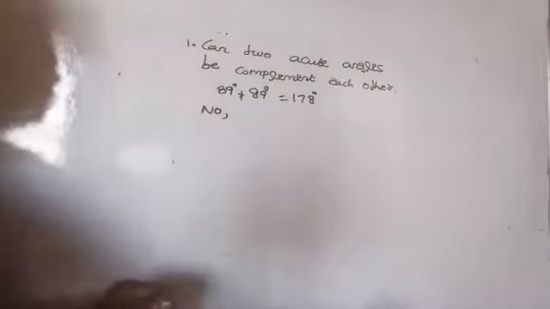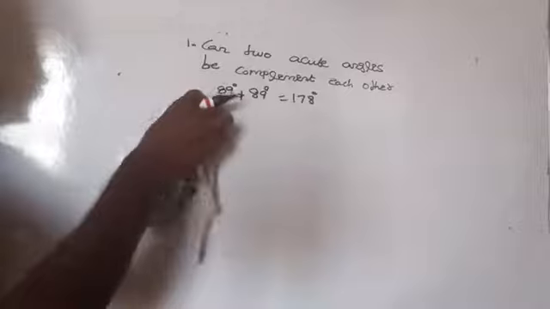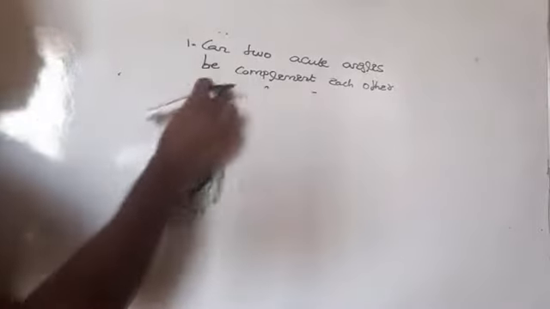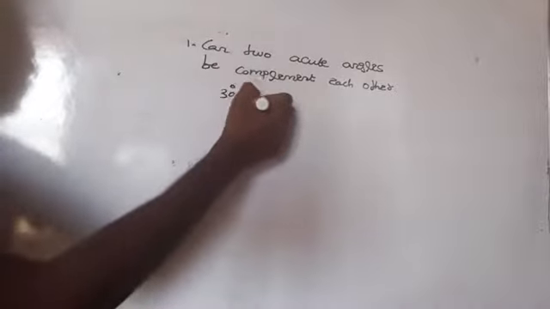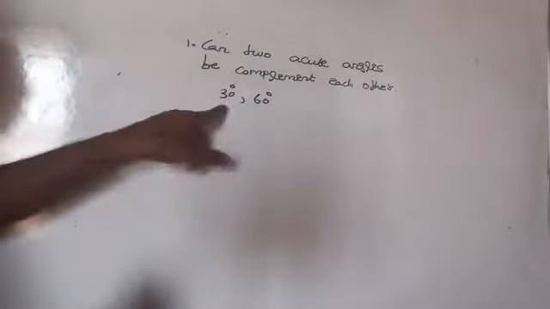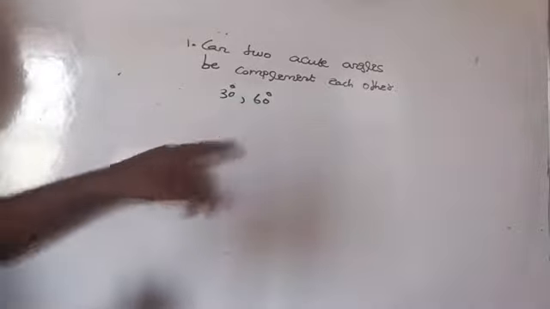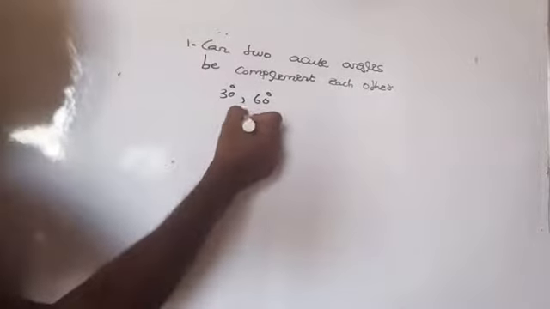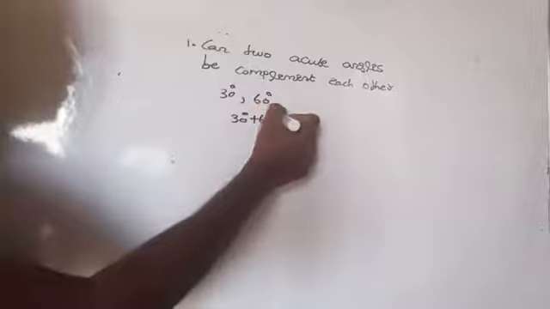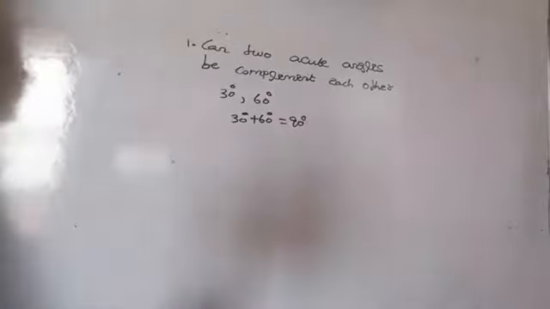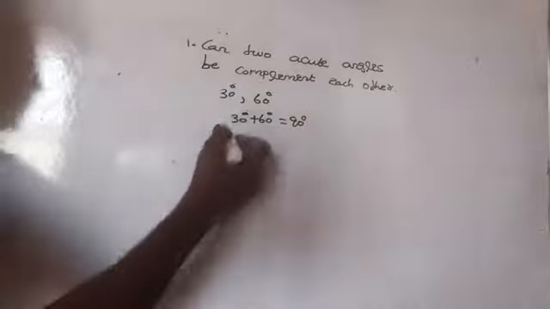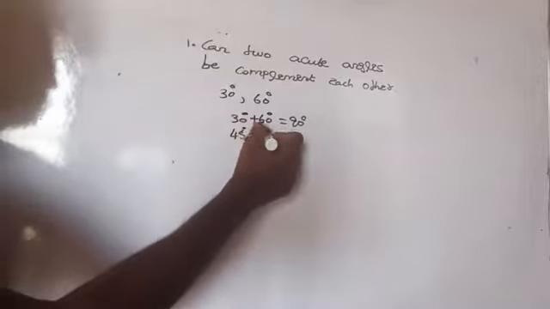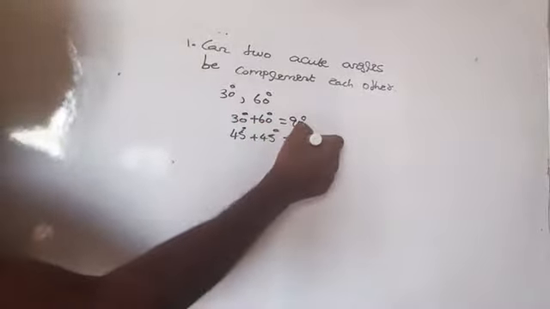Suppose you take 30 degrees and another one 60 degrees. Both angles are acute. When we add them, 30 plus 60 is equal to 90 degrees. So in this case two acute angles are complementary to each other. Likewise 45 and 45: both angles are acute and the sum is 90 degrees.